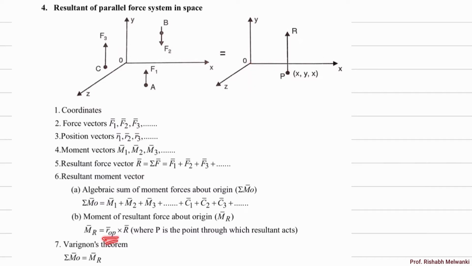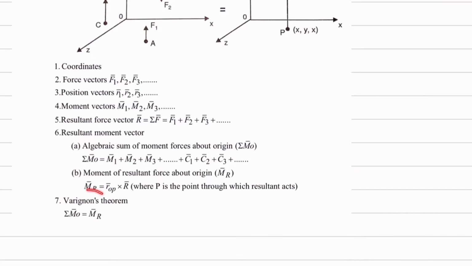So OP position vector into resultant vector, we will get the moment of this resultant about point O. Then we will apply Varignon's theorem, and using this we can calculate the x, y and z coordinates of point P once we equate this. How this occurs, we will see with the help of an example.